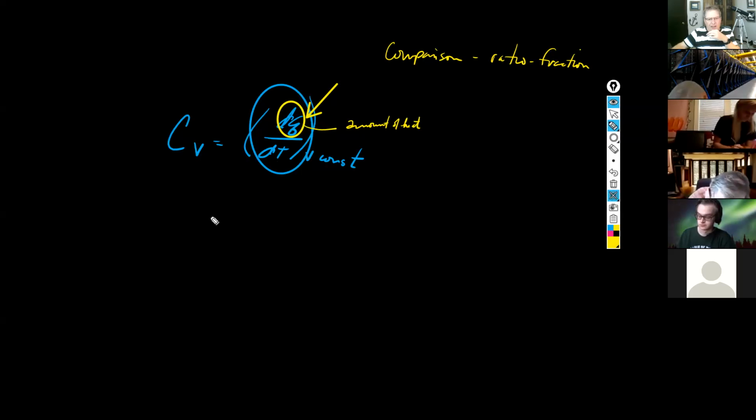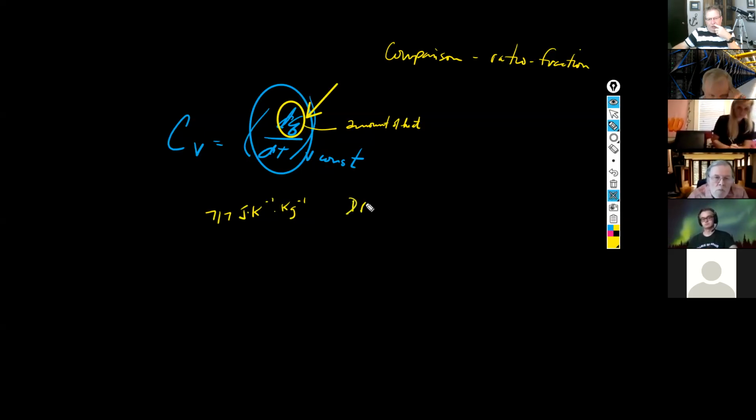So when I say that CV is 717 joules per Kelvin per kilogram, I'm saying it's going to require 717 joules to raise the temperature 1 Kelvin for a kilogram of dry air. So this is, of course, for dry air.